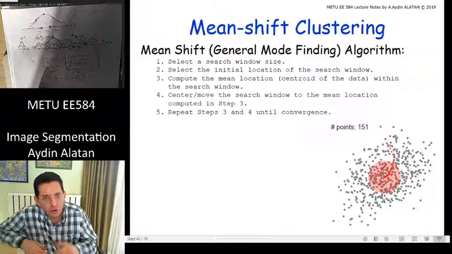Please note, this is the first time your X spatial coordinates and your Ix image intensities are together in the same space, okay? We have a search window, like a circular 2D search window.